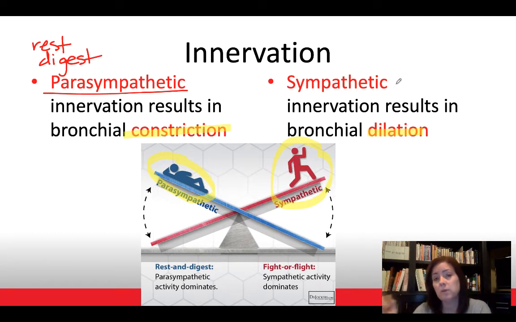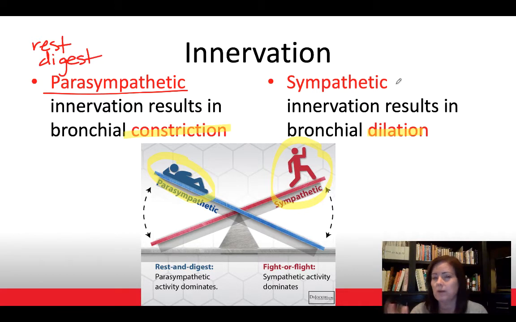So one of the things I would like to point out here is, remember for just a second with blood vessels. What happened when we had sympathetic innervation of blood vessels? What was the response? Did the vessels vasodilate or did they vasoconstrict? So blood vessels vasoconstrict with sympathetic activation.